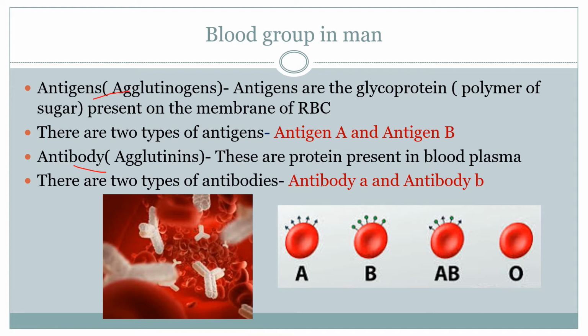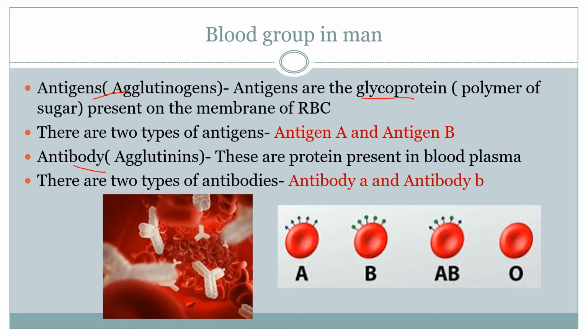Antigens are also known as agglutinogens, and they are glycoproteins. Glycoprotein means a polymer of sugar, and these are present on the membrane of RBC. See here, these are antigens.